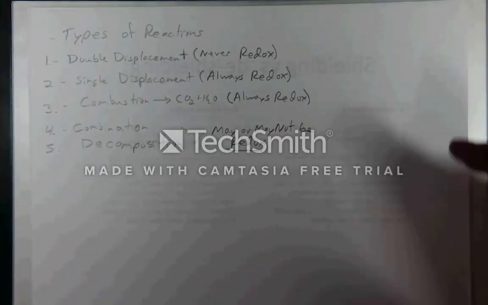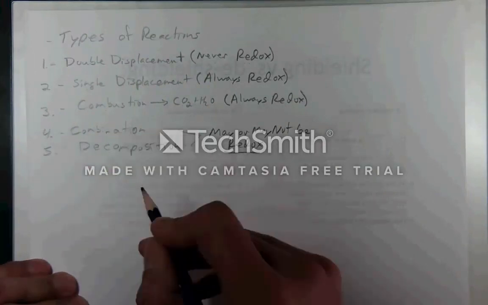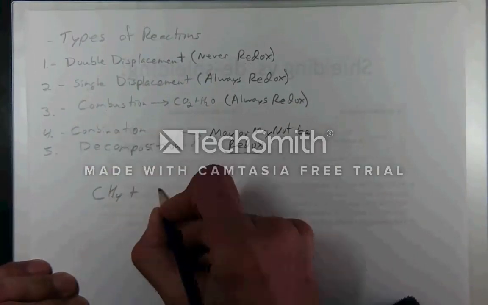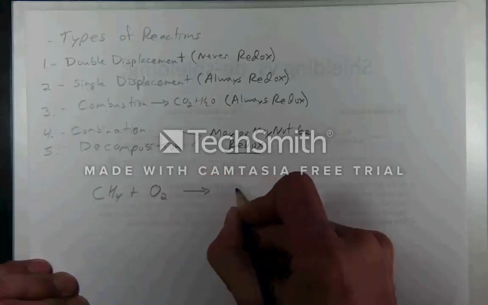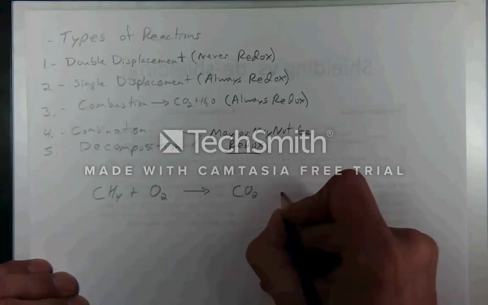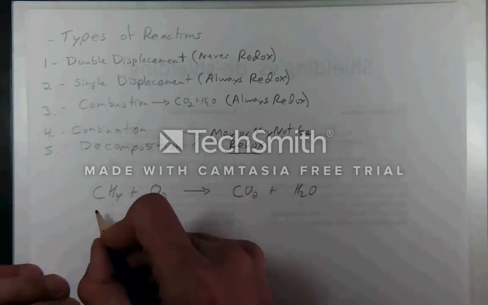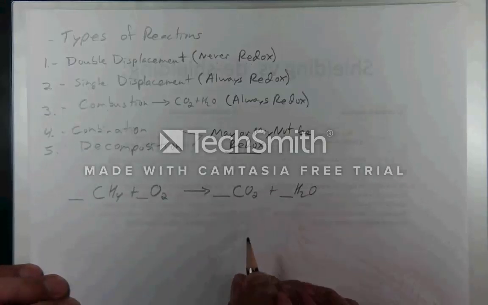Alright, now let's look at a combustion reaction first. Combustion of methane, natural gas, with oxygen in the atmosphere. Right, combustion always gives us carbon dioxide and water. I won't go through all the steps methodically, but this is not balanced.